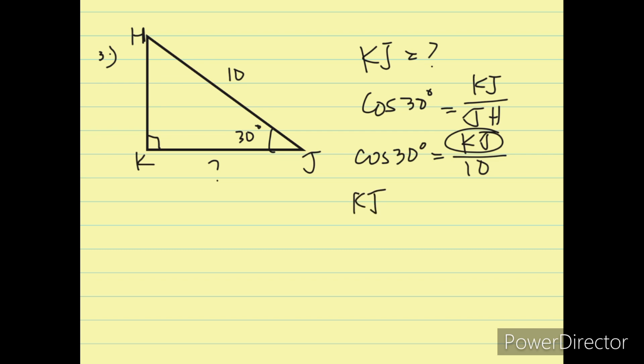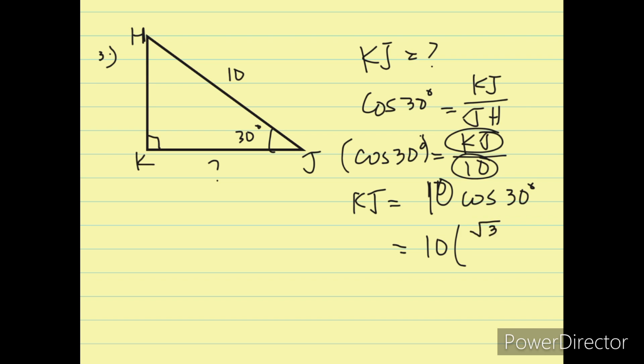So we have KJ is equal to 10 times cosine 30 degree. You multiply this into this to solve for the KJ. So our KJ is 10 and cosine 30 degree is square root of 3 over 2.